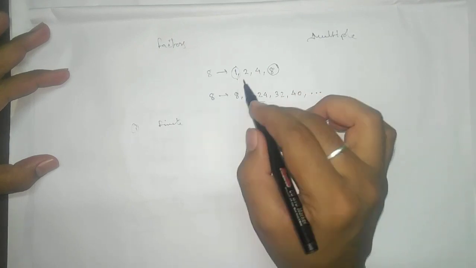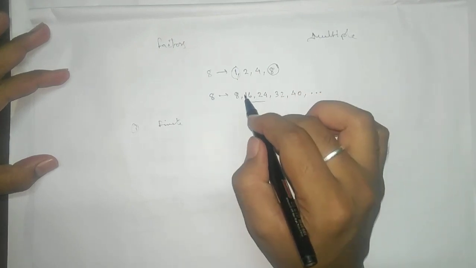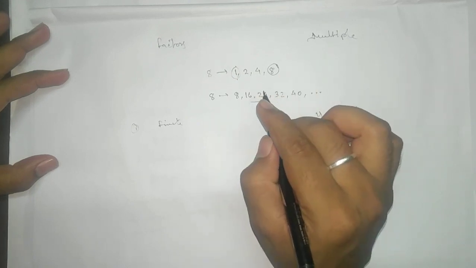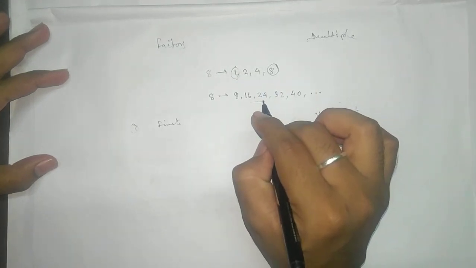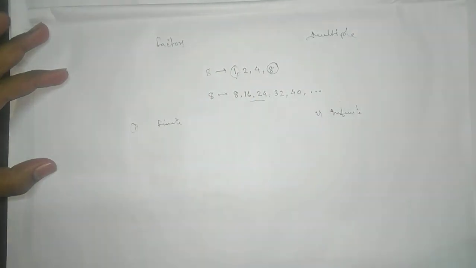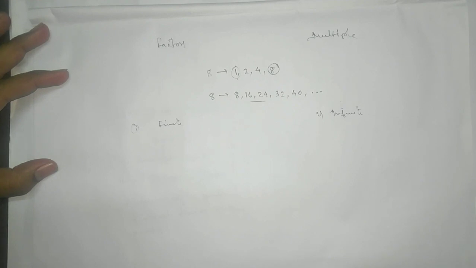If you take any other number, the maximum will be the number itself and the minimum will be 1. That means 1 is a factor of all numbers, and the number itself is also a factor of that particular number.